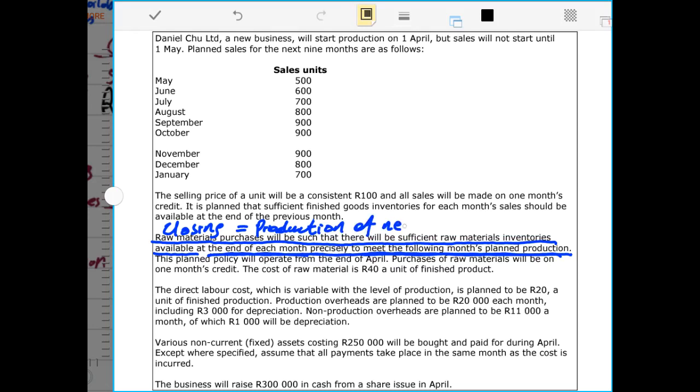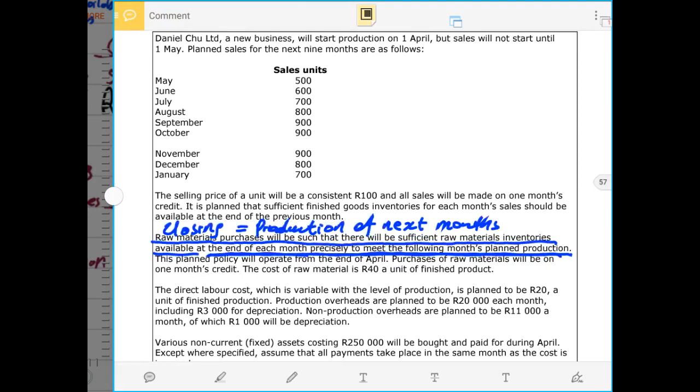It should be such that closing raw material for the end of this month will be equal to production of the next month. So now that is the first simple approach. Therefore now we have to go and we record.